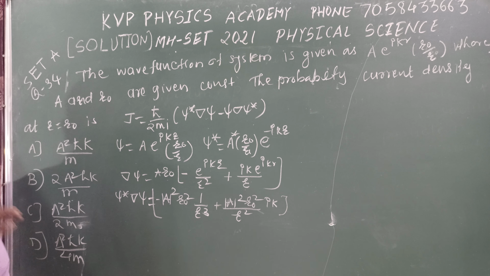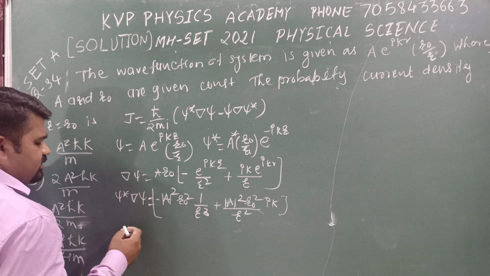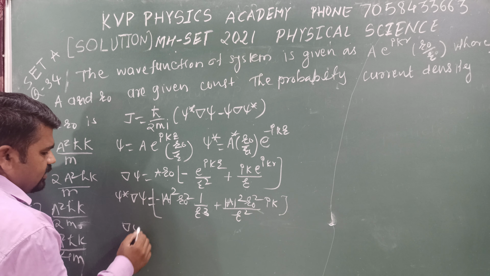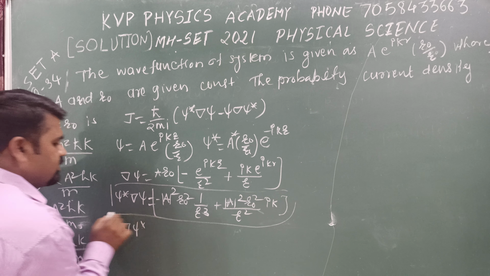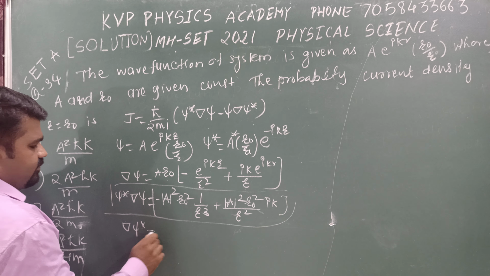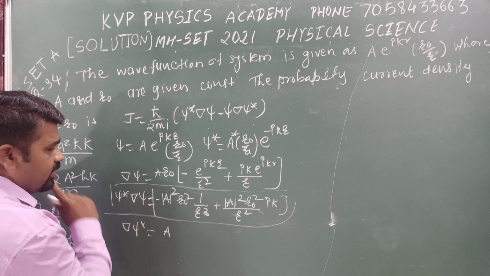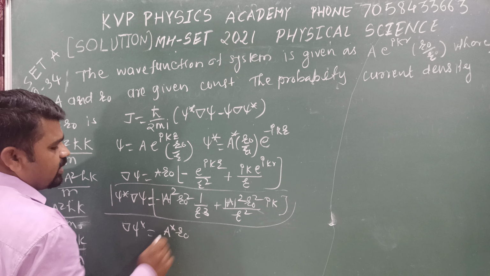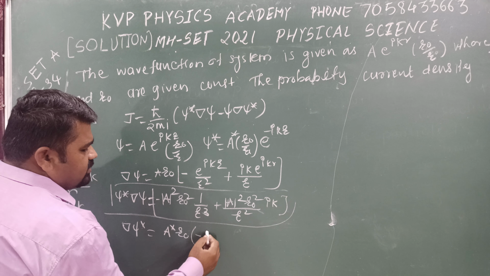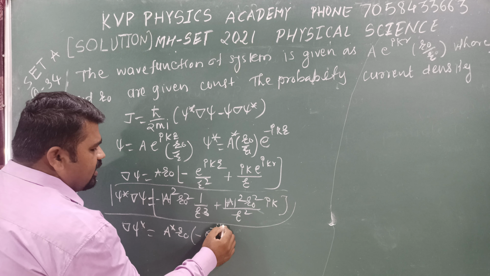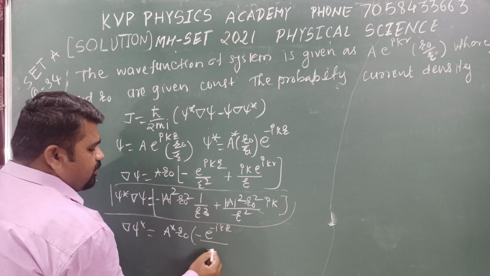Next we can find ∇ψ*. First value is this one. Second, for ∇ψ*, A* take common out, r₀ also we can take common out. Again, the derivative of 1/r is minus e^(−ikr)/r squared.